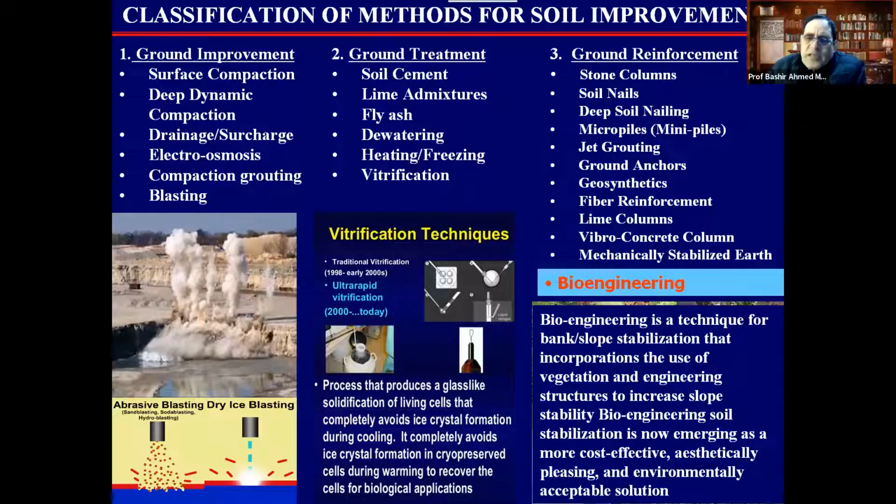So bioengineering is actually a technique for a bank, slope, or stream, river stream bank stabilization, that incorporates the use of vegetation and engineering structures to increase slope stability. And stabilization is now emerging as more cost-effective, aesthetically pleasing, and environmentally acceptable also.